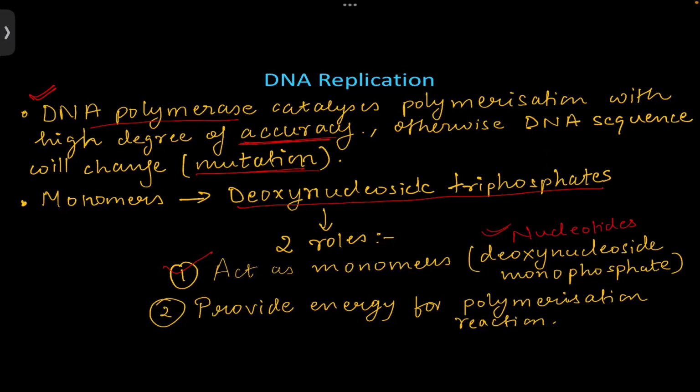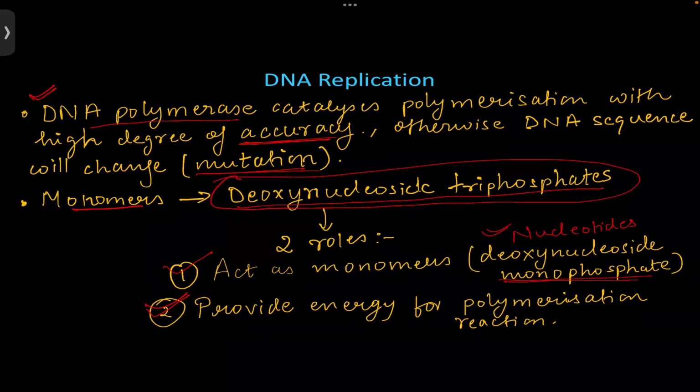The formation of this phosphodiester bond actually requires a lot of energy. So where will this energy come from? These monomers, deoxynucleoside triphosphates, have another role: their role is to provide energy. The monophosphate form of this compound gets added, so two other phosphate groups are additional.